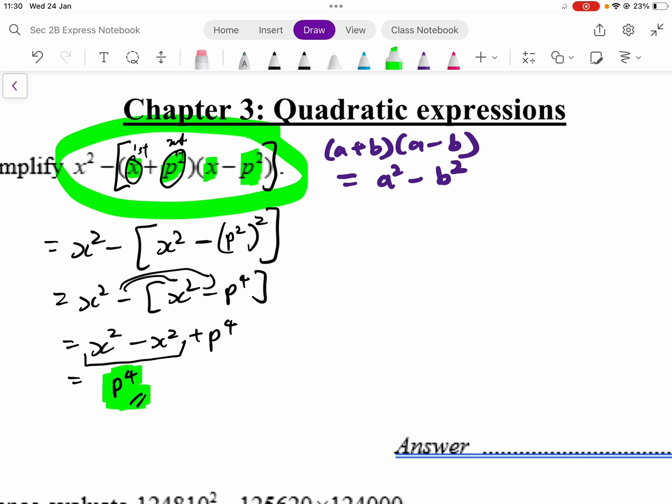Now if you want to do the long method, it's the same, right? X plus p squared, x minus p squared. Expand.